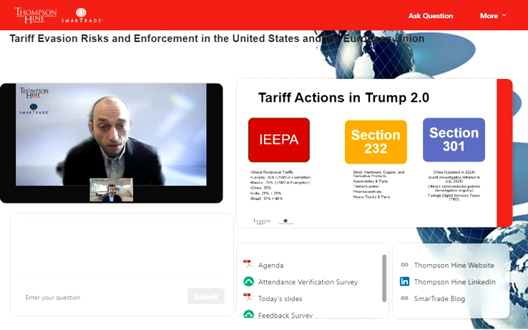The IEEPA actions, the International Emergency Economic Powers Act actions, were taken to apply global reciprocal tariffs, which currently range from 10% to 50%, and to apply specific tariffs against Mexico, Canada, and China to address the national emergency declared in connection with the imports of fentanyl and illegal immigration, that was declared by President Trump in the various executive orders.